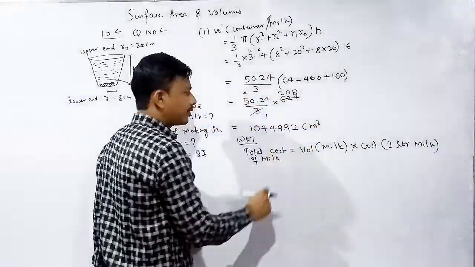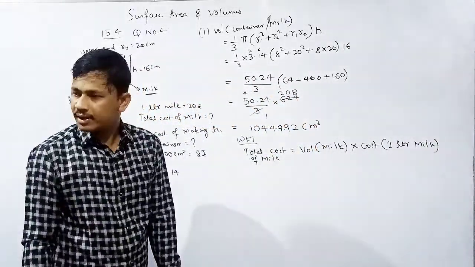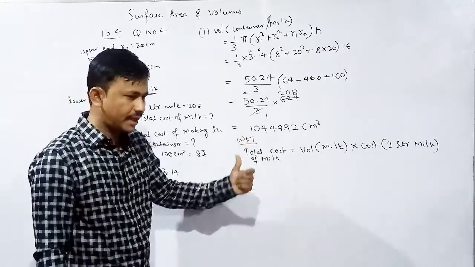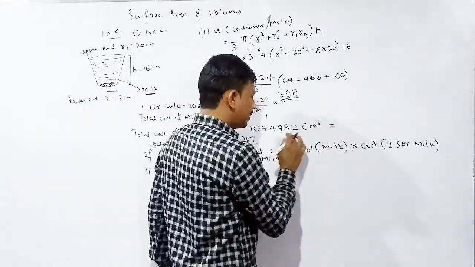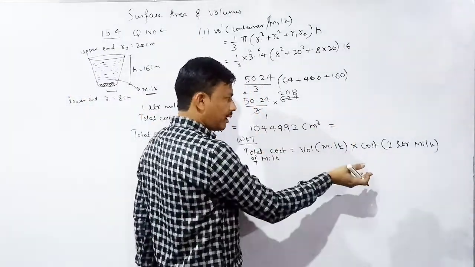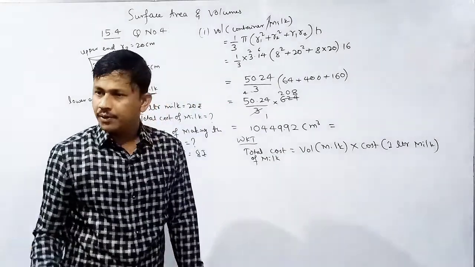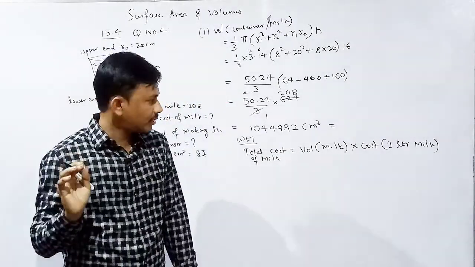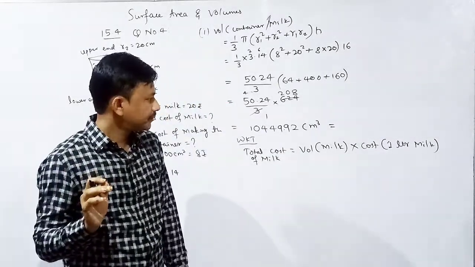We need to convert this into meter cube or liter. To convert this into liter, we need to divide it by 10,000. Yes or no? 10,000 or 1,000?